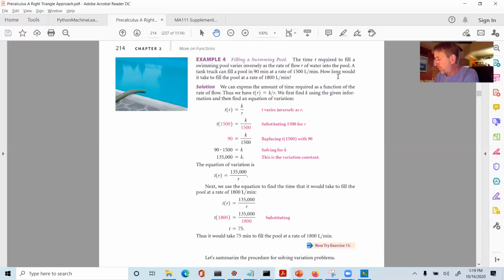And so we understand the relationship now, we get the idea of the physics behind the problem. Now we're going to plug in and solve for something. So now we got to solve for k.